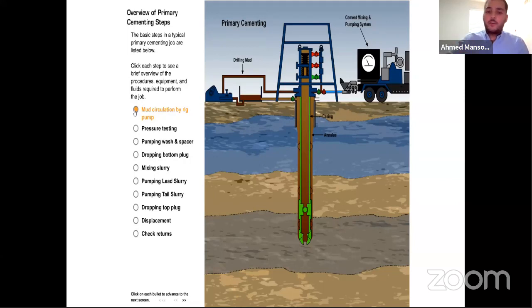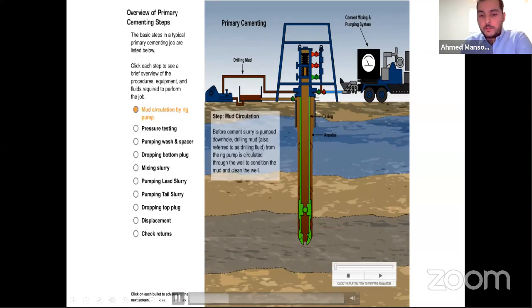That means he's circulating the mud from inside of the casing to the annulus, as you will see here. So now we are circulating the mud from the inside of the casing to the annulus.